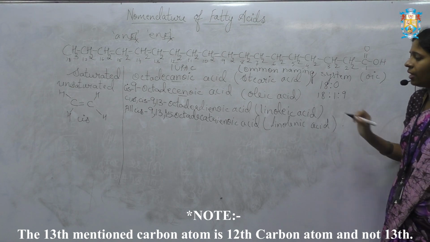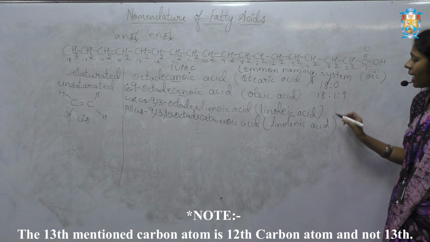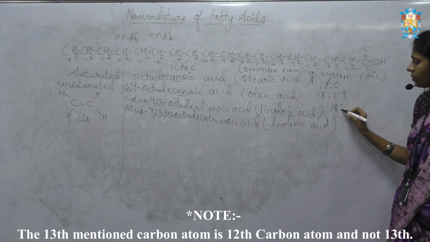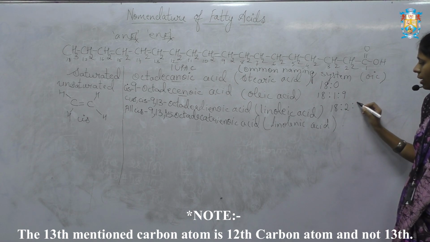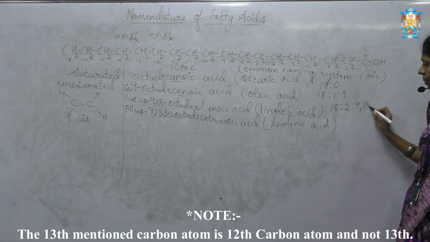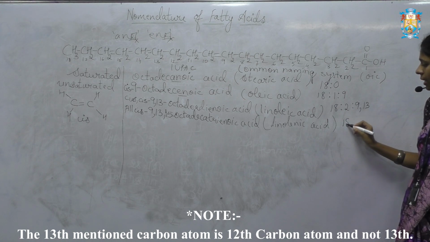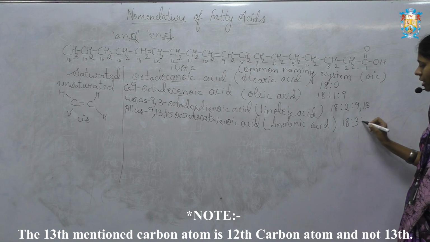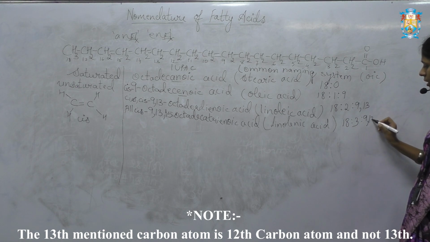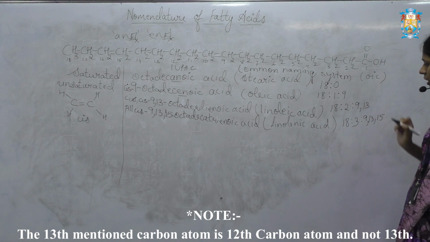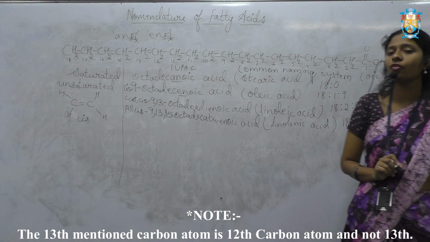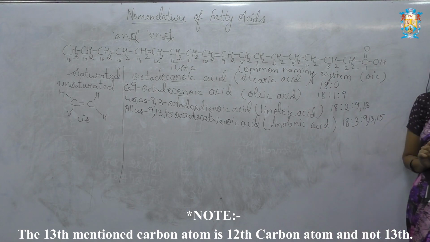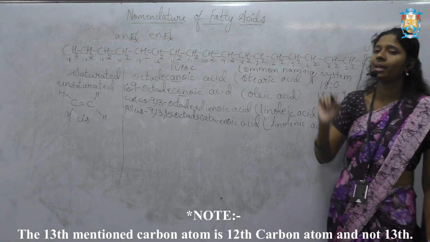Next is linoleic acid. Again the same thing: 18, 2 double bonds, 9 and 13 carbon atom. Similarly, 18, 3 double bonds, 9, 13 and 15 carbon atoms. So this is how we do the shorthand representation for the nomenclature of fatty acids.